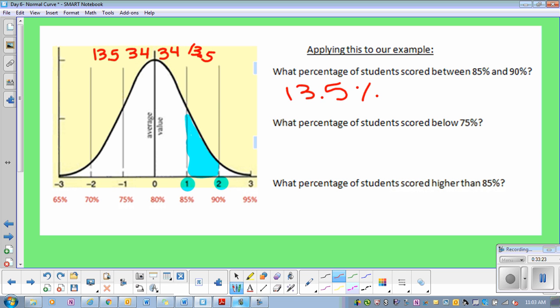What comes after 13.5? 2.35. And then the outliers are 0.15, right? Way over here. I'll put it way over there.